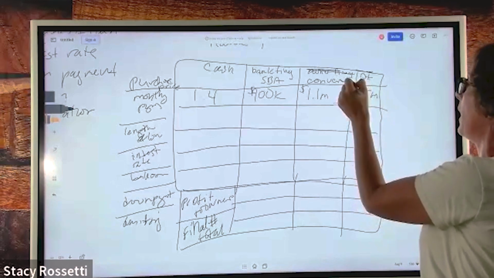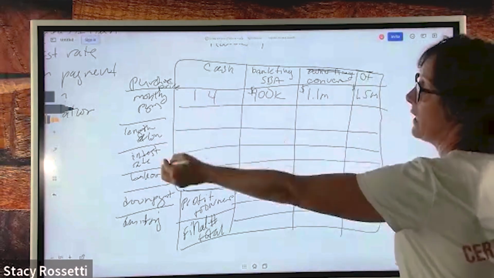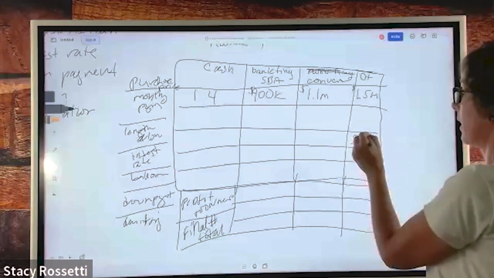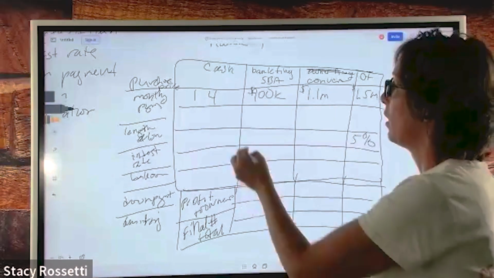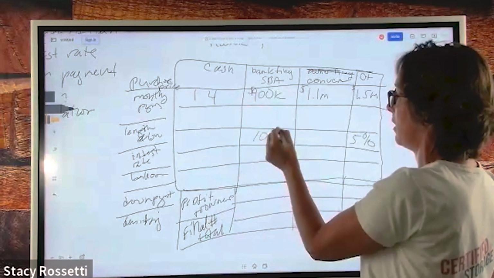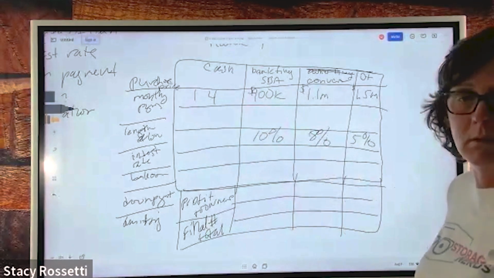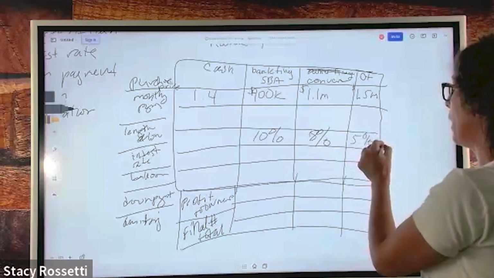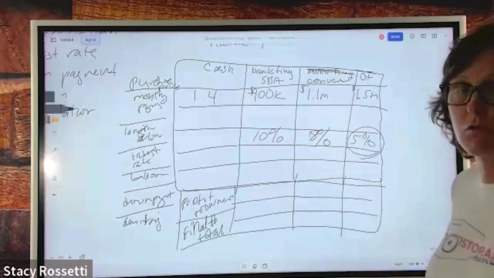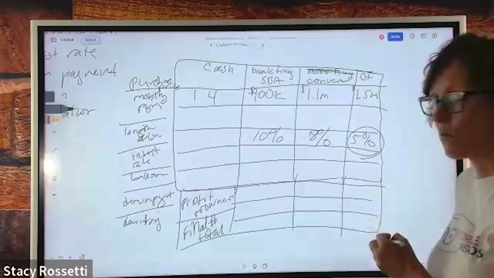We always pay more money if it's owner finance, because we know that interest rate is going to be 5%, whereas cash is nothing, and the interest rate here is 10%, and here it is 8%. So I'm okay with paying more because I know my interest rate is going to be a lot lower.